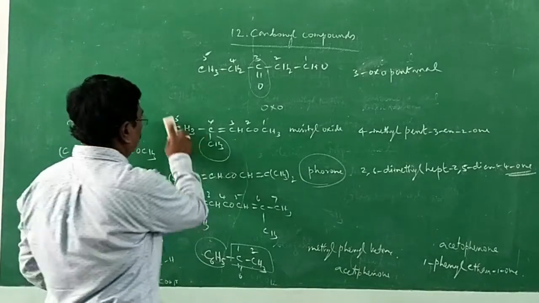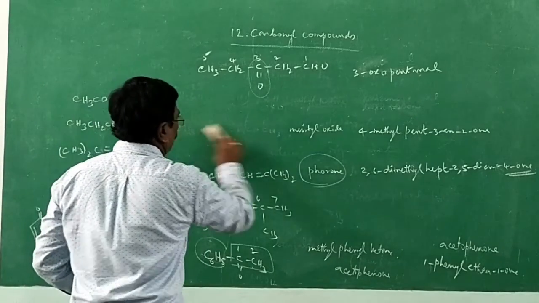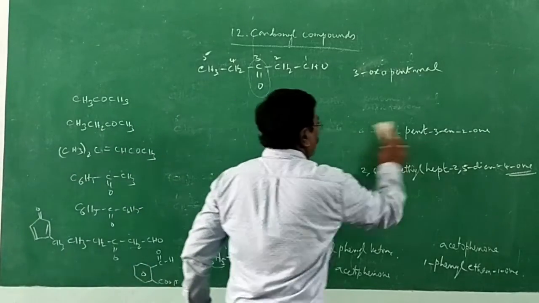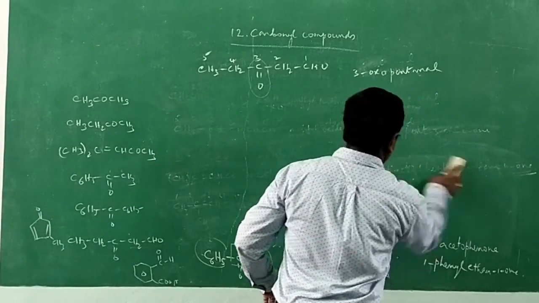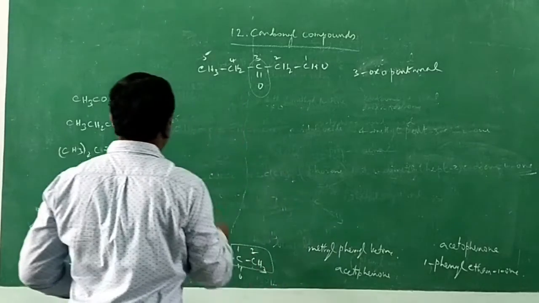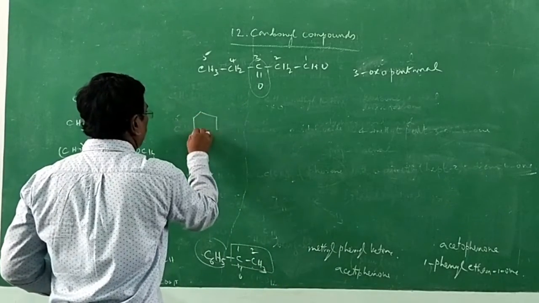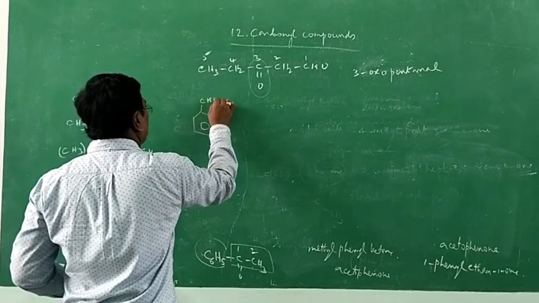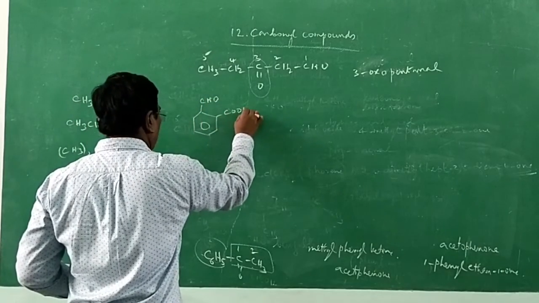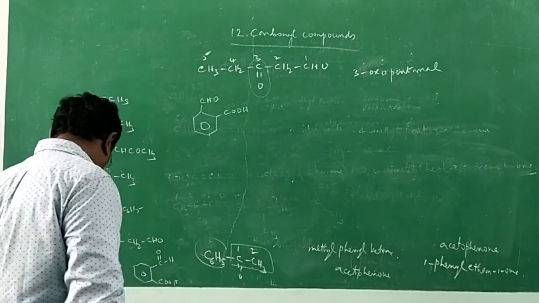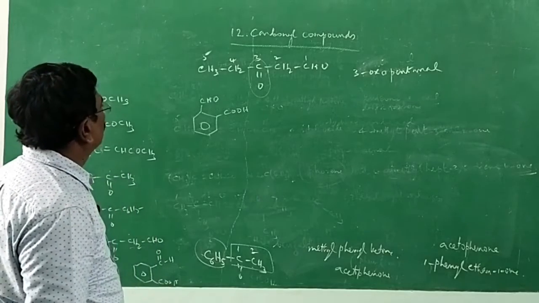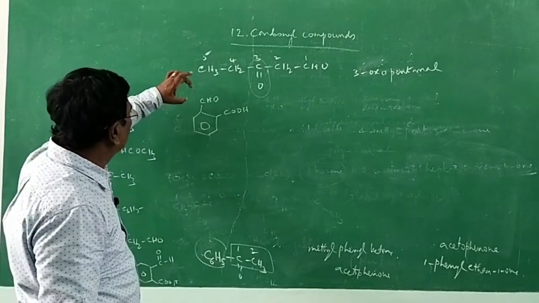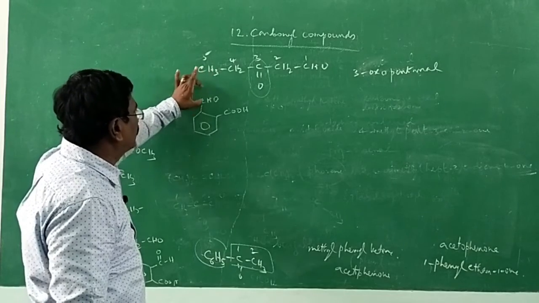All right, this compound is good. We have an aldehyde functional group as well as a COOH group at adjacent carbon atoms. All right. It may get the name formyl substituent.